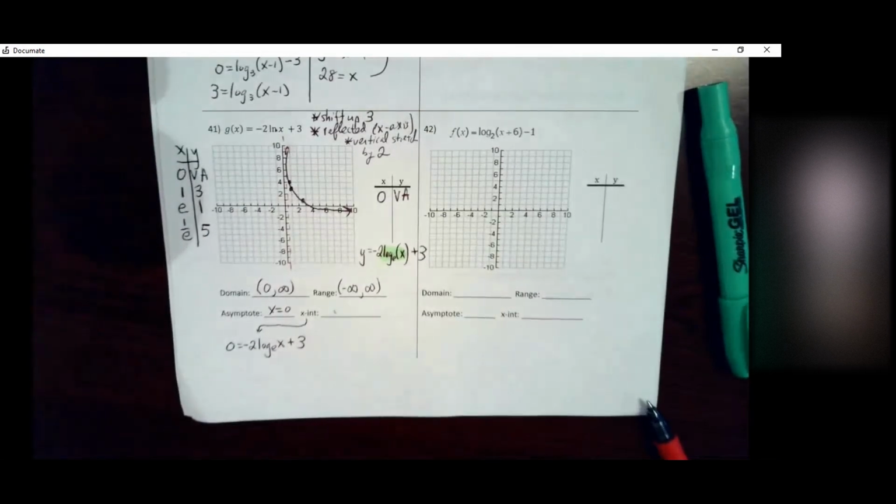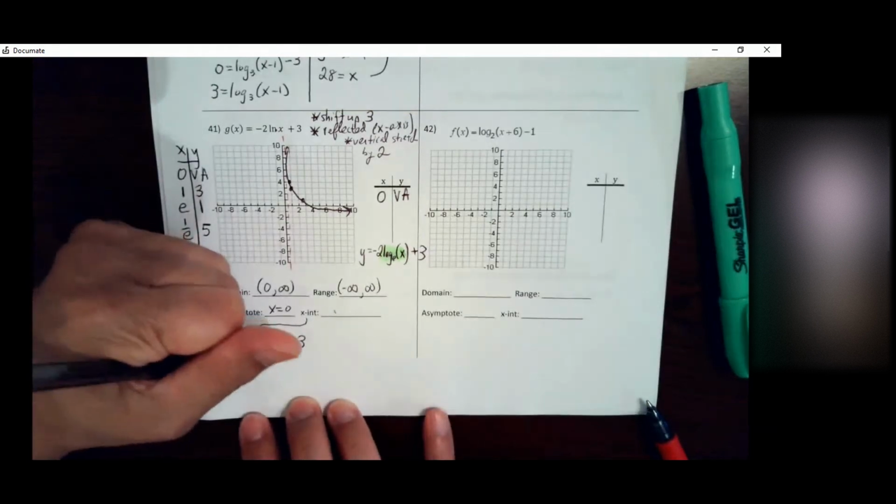And now we find the x-intercept. So -3 equals -2 log e x.